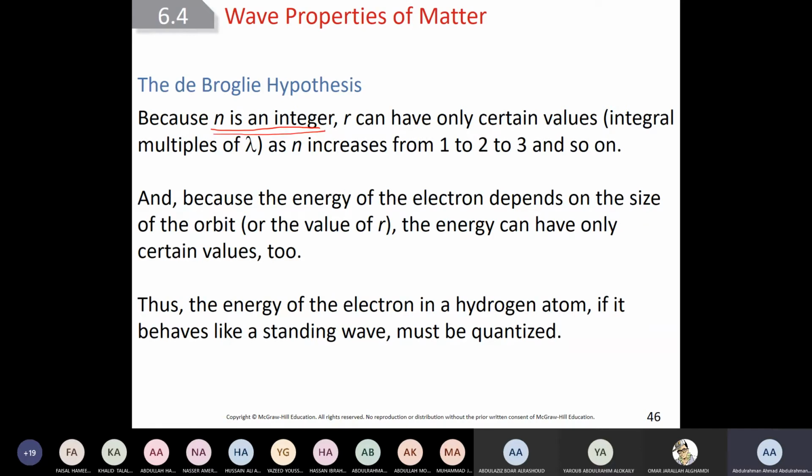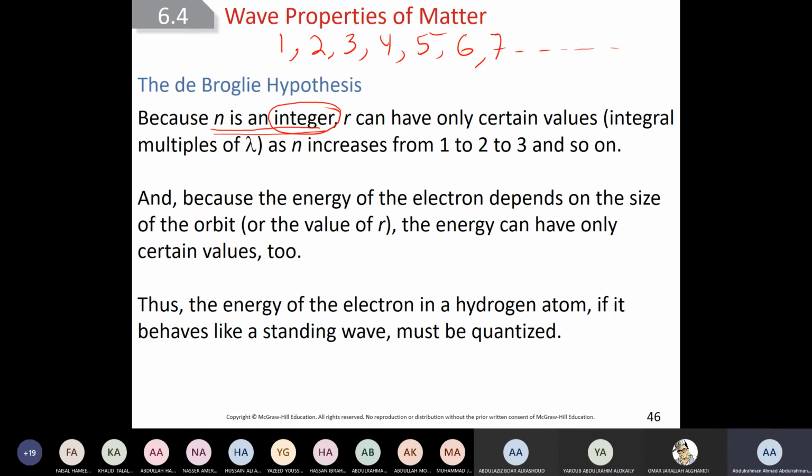What's the meaning of integer? No fraction. Yes. It could be 1, 2, 3, 4, 5, 6, 7, 8, and you can continue. All right? And because the energy of the electron depends on the size of the orbit, the energy can now have only certain values too. Because of that, the energy of the electron in hydrogen is constant.